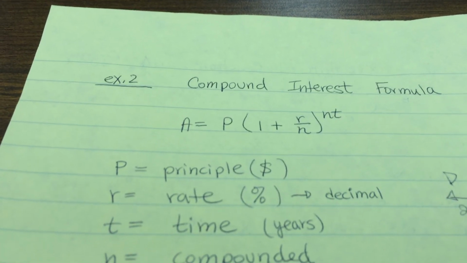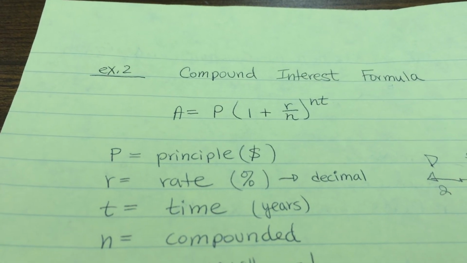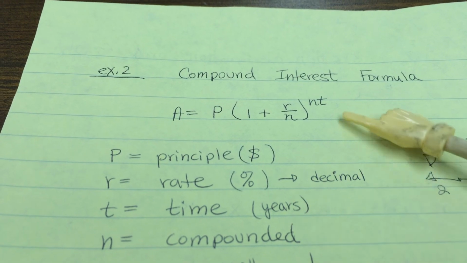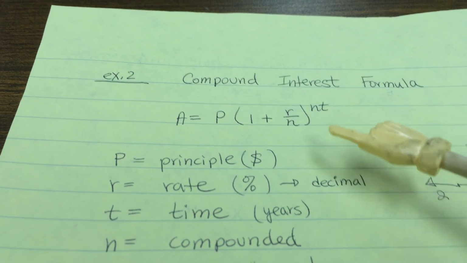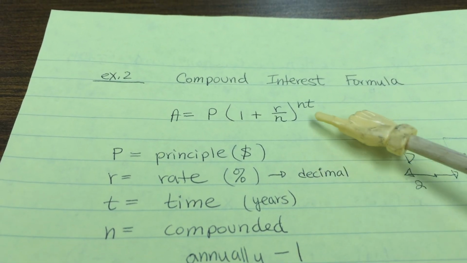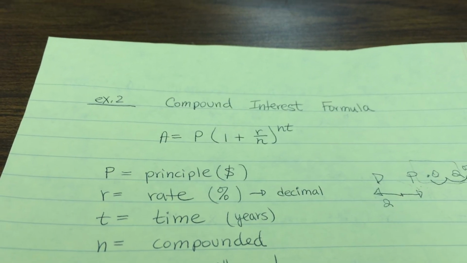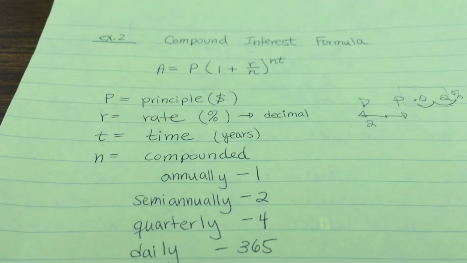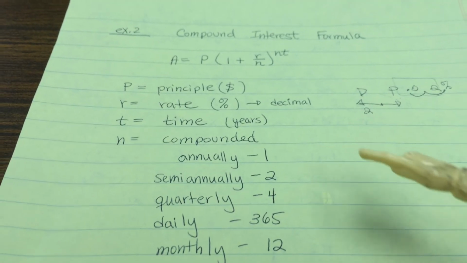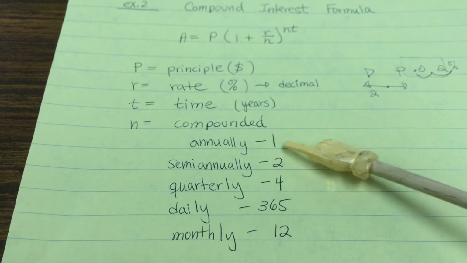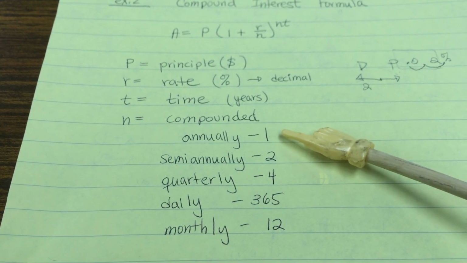So time is going to give us, normally in years, that's your time right there. So time is going to be given to us right there. Compounded, so that just depends on what the n right there says. So if it's compounded, and then we want to do some charts to this. So normally it'll say annually, then it's going to be a 1 is the number we want.